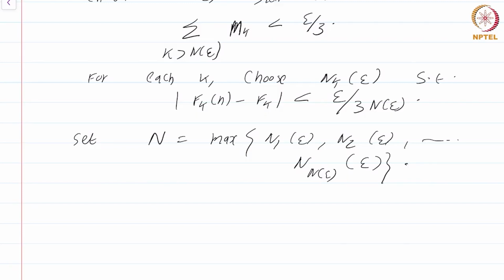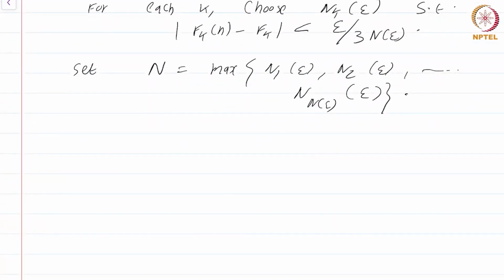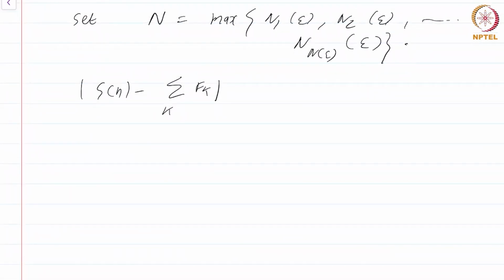Now, what does all this complicated jugglery give us? We wanted mod S_n minus summation over k of F_k. This is what we wanted. But S_n is actually just the summation over k of F_k,n, minus the sum over k of F_k. Fine.